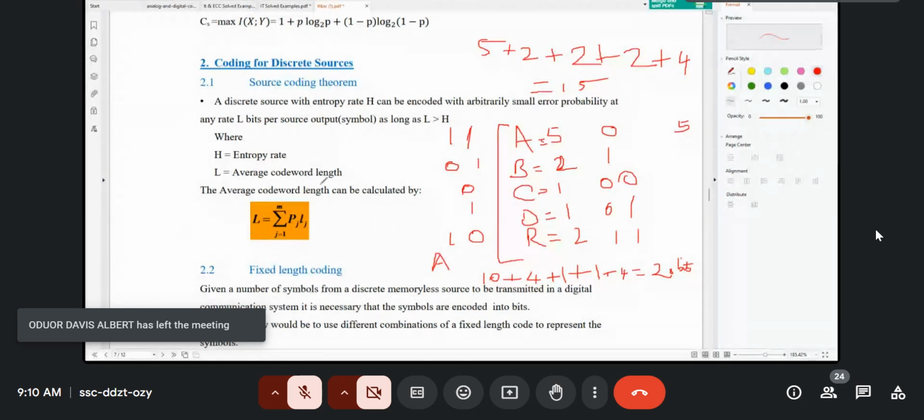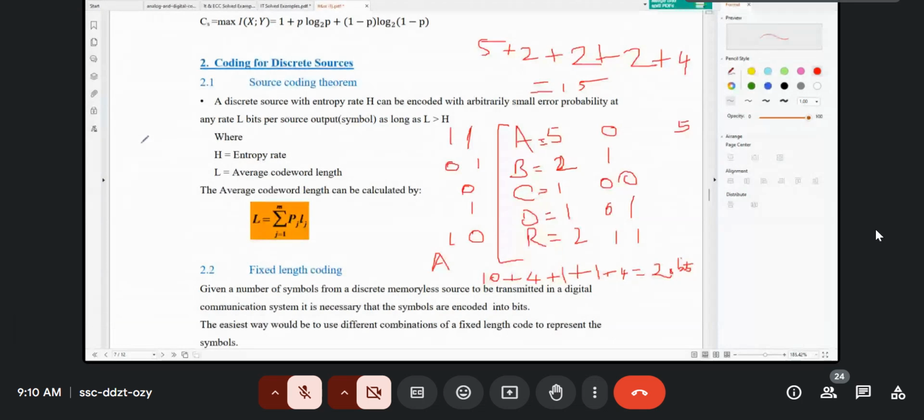Now, I'll say this from the beginning, so that we don't have any misunderstanding, because textbooks refer to it differently.